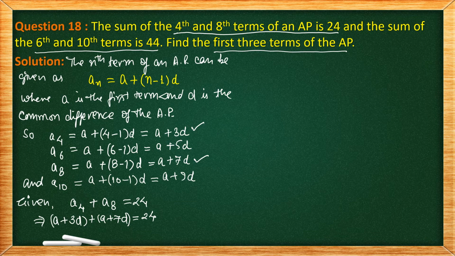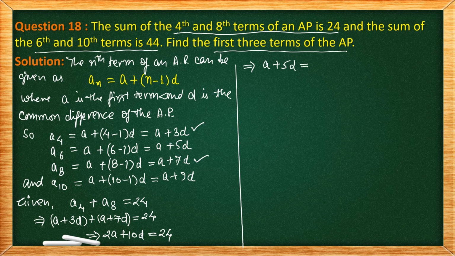Now this implies that 2A plus 10D is equal to 24. Now we can see both sides of this equation have 2 as common, so we can divide both sides by 2. Then we will have this equation as a plus 5d is equal to 12. And let's mark this equation 1.